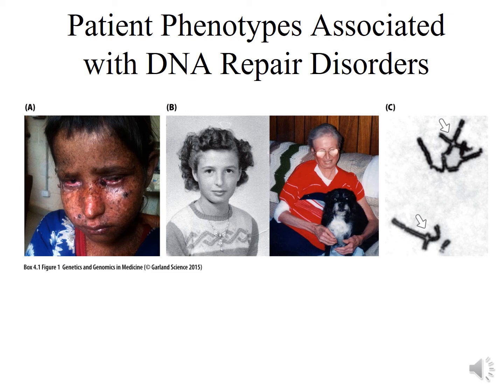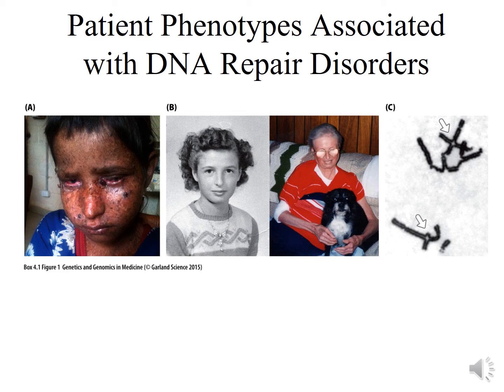Those individuals have genome instability, and they have deficiencies in their repair pathways that leads to them having little protection against UV radiation, and exposure to sunlight induces skin tumors.